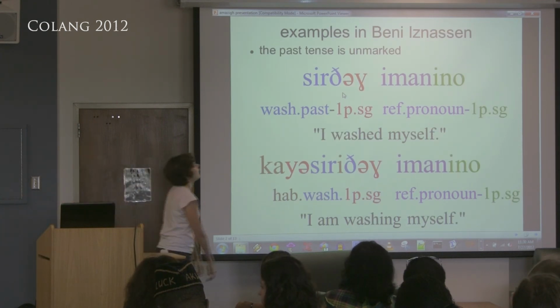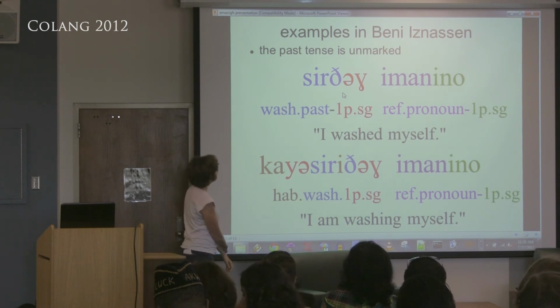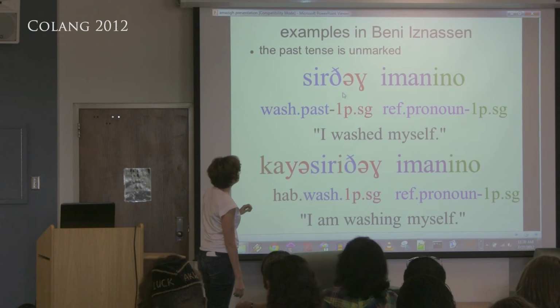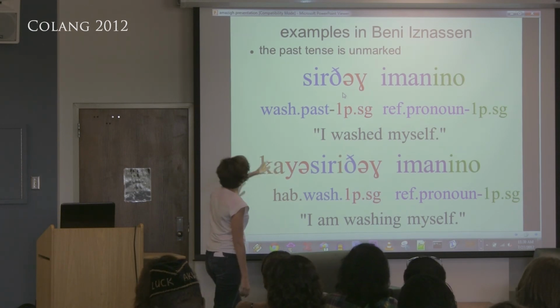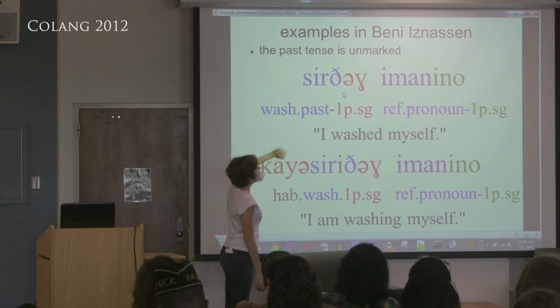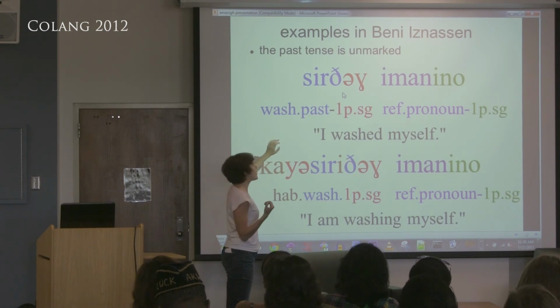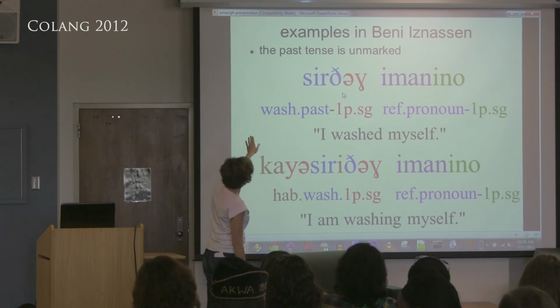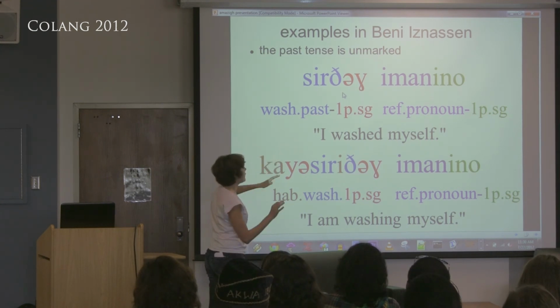Okay, so this is in Yemen's East Nelson. So here we can see imanino, which means I wash myself. So here we have the verb, and past tense, as I think Travis was saying, is not usually marked. So washed, and then it's always constant.